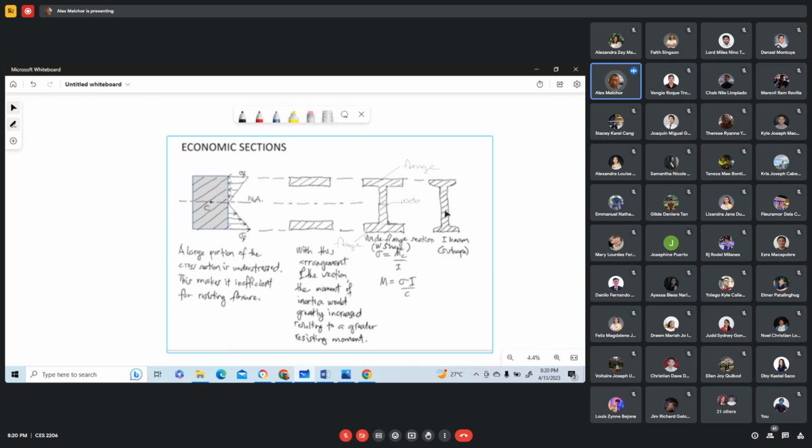Okay, this is a section, and if you notice in a hardware store, you can see this structural steel section, no? This wide flange section is good for a column or a post. But this wide flange section is more efficient than the I-beam or the S shape.